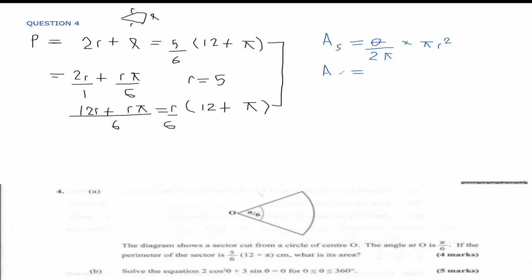Area of the sector now is equal to theta over 2 pi. So this is pi/6 divided by 2 pi, multiplied by pi r squared. So it's multiplied by pi times r squared, and r squared is just 5 squared.